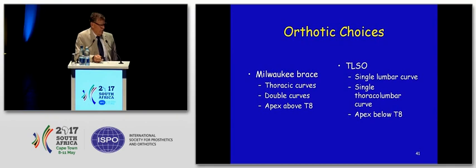There are many choices for braces. The Milwaukee brace is indicated for thoracic curves, double curves, and with an apex above T8. TLSOs can be used for single lumbar curves, single thoracolumbar curves, and an apex below T8.